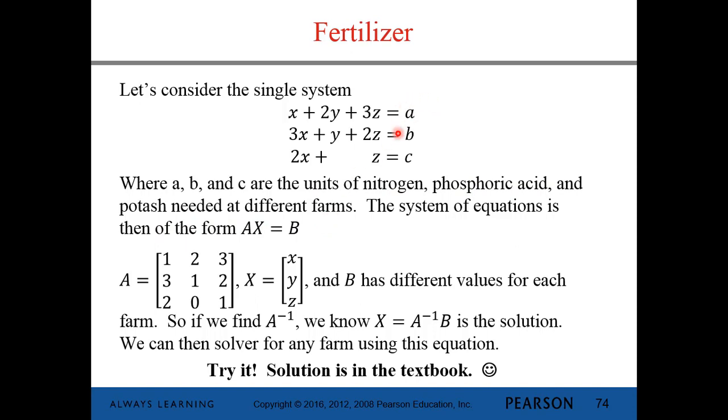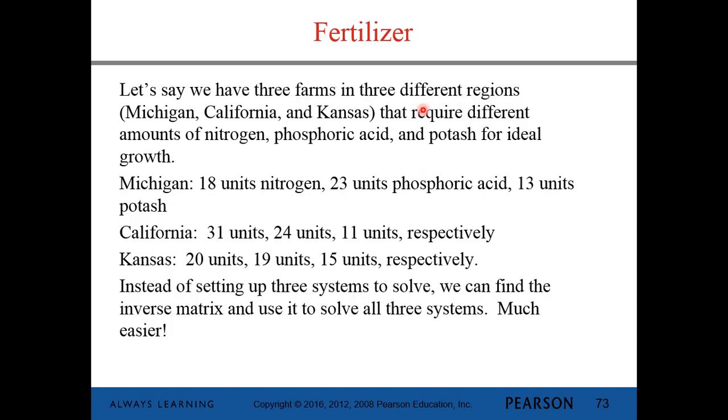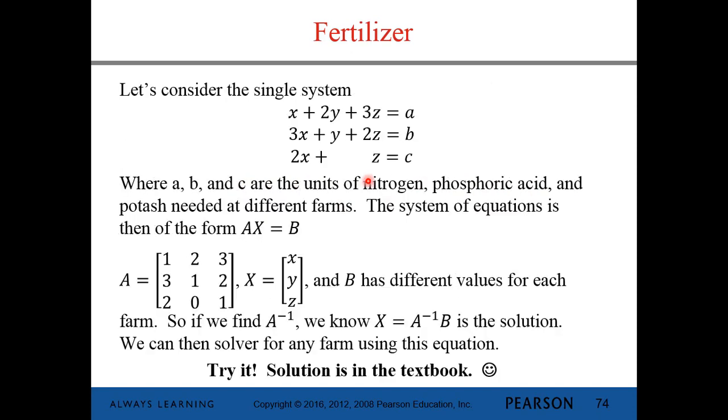So this is what's going to be changing. Let's say we go to Michigan. Michigan needs these units: 18, 23, and 13. So 18 would be A, 23 would be B, and 13 would be C.